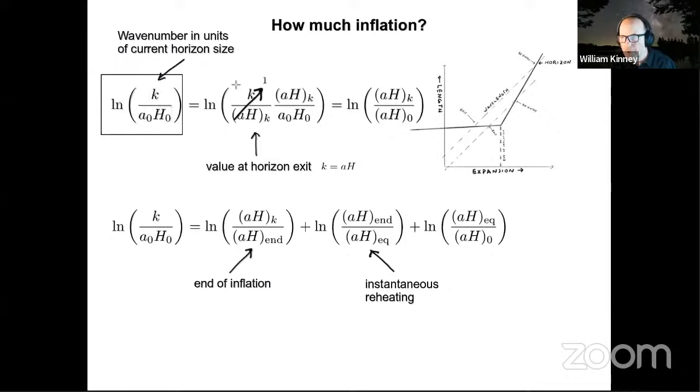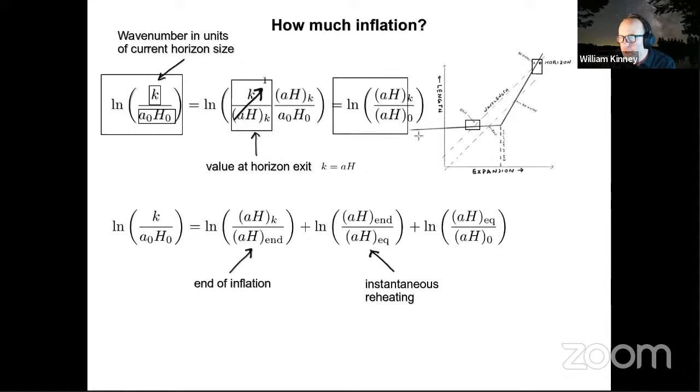And so if that mode is re-entering the horizon today, then k over a_0 H_0 today is equal to 1 if the mode is just entering the horizon today. k is equal to aH at its value at horizon exit, and we are saying that is also equal to 1 by definition, because we're saying it exits the horizon.